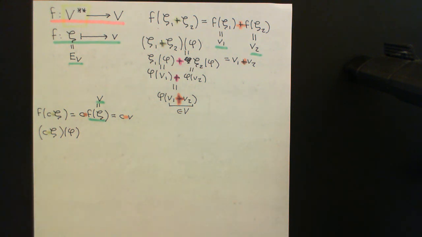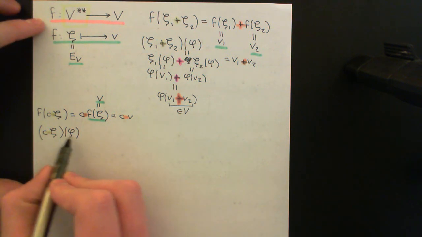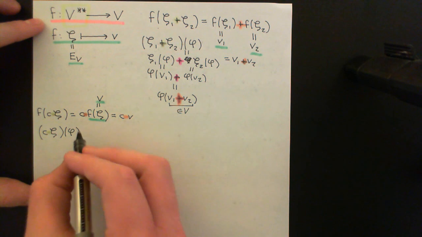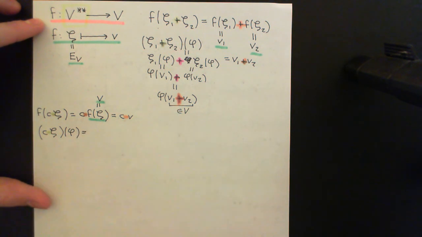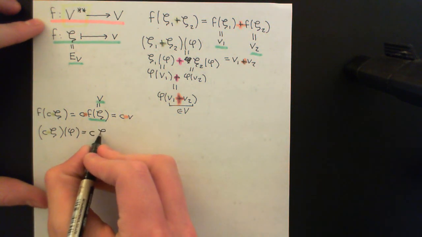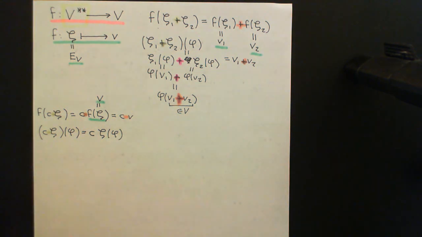So let's firstly apply the definition for how scalar multiplication is going to work in the double dual vector space. The way that we defined this for dual vector spaces is now just going to be carried over to this. So it's going to be c times zeta of phi, where this multiplication on this side is just multiplication in the field.